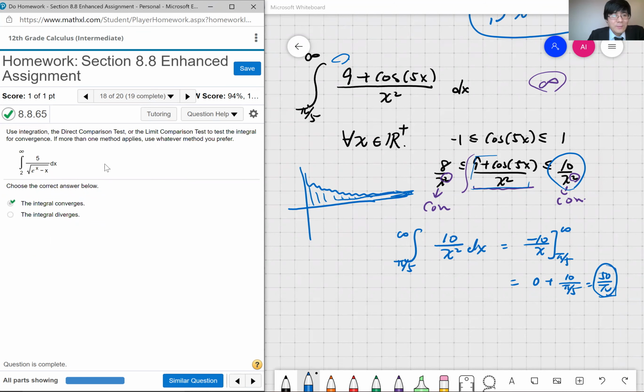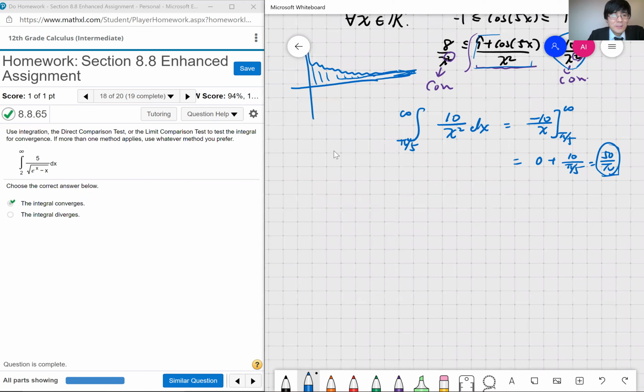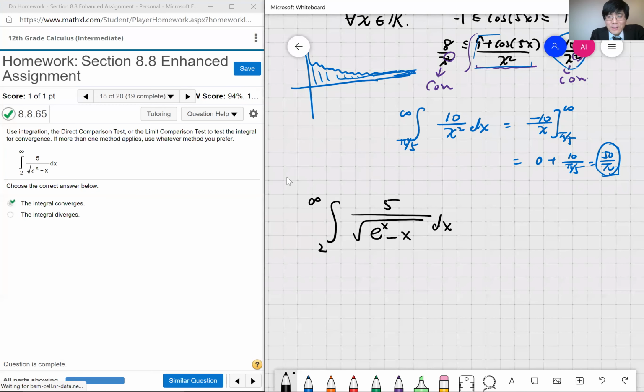Okay, next one is another one that seems to be difficult to integrate. The integral from 2 to infinity of 5 over square root of e to the power of x minus x dx. So when x is getting very large, we have to know what has a dominant power. So e to the power of x is actually much greater than x.